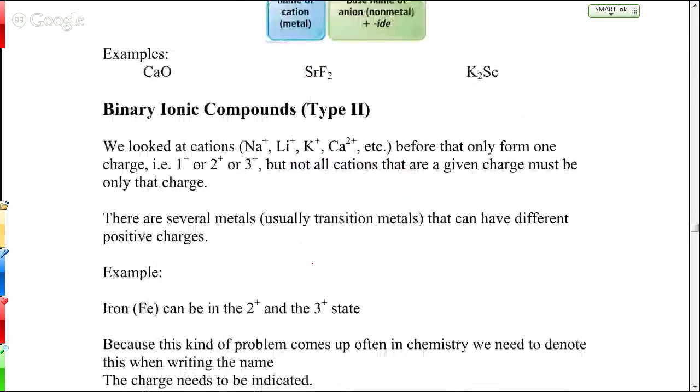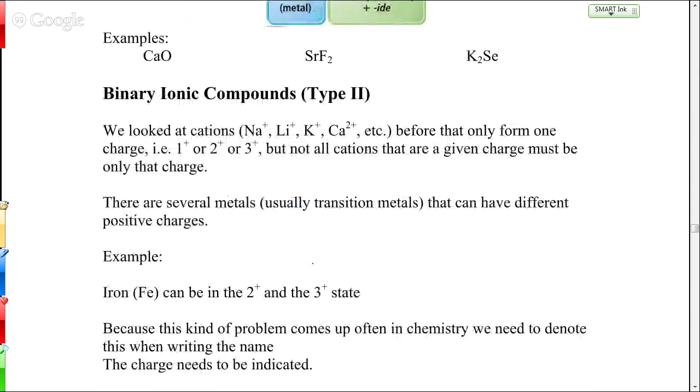So let's look at a different type of binary ionic compounds. This is where it starts to get a little bit tricky. Some cations, specifically the ones we've just talked about, only form one charge. There's only one type of ion that these can form. Examples, everything in column 1A only forms what type of ion?